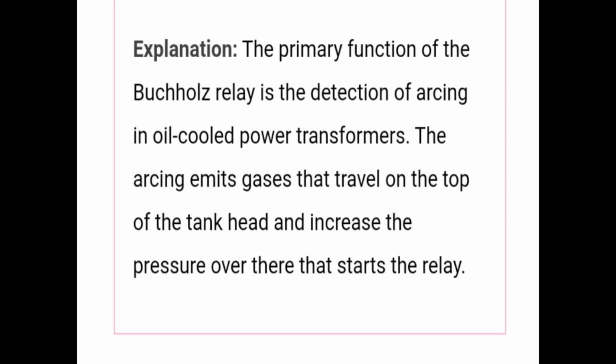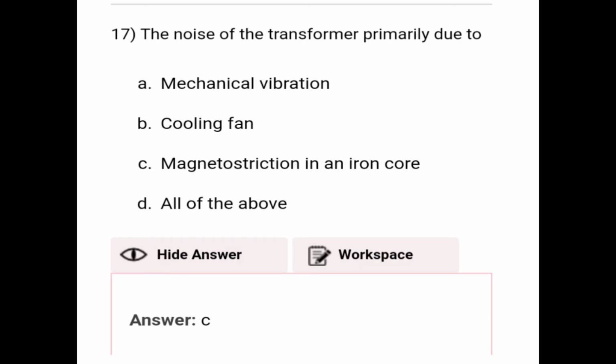The arcing emits gases that travel to the top of the tank head and increase the pressure there, which starts the relay.